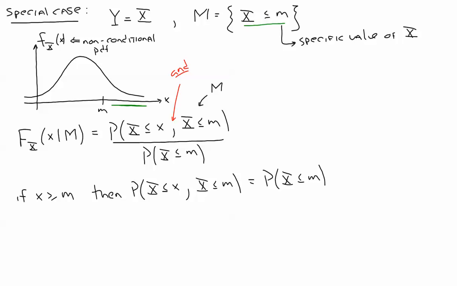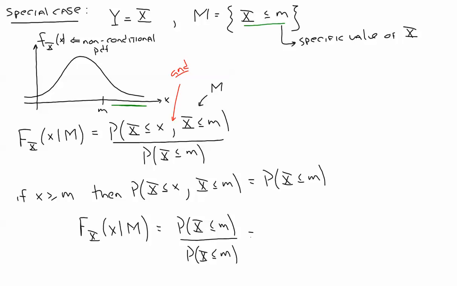So, plugging that back into my numerator, I get exactly 1. And this is for the case when x is greater than m.